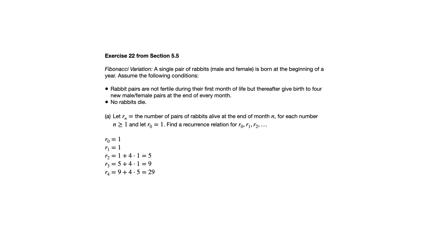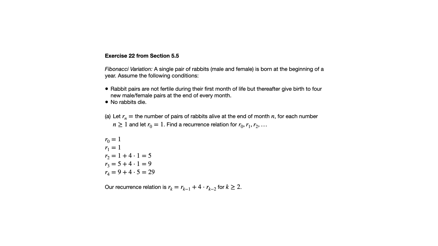And then we can keep going in this fashion, and by continuing this process, we begin to see what the pattern is, how we use the previous values to get the next value. And so the recurrence relation, based on what we're seeing here, is r sub k equals r sub k minus 1 plus 4 times r sub k minus 2 for k greater than or equal to 2.